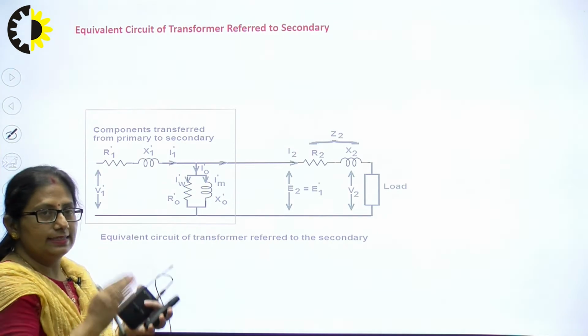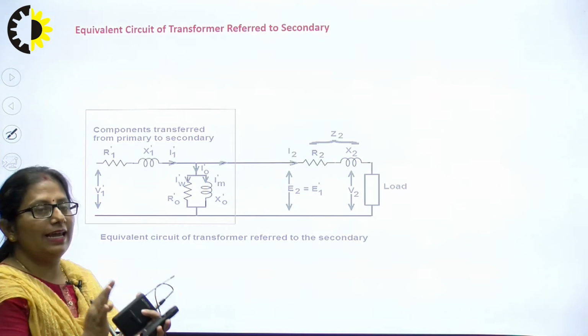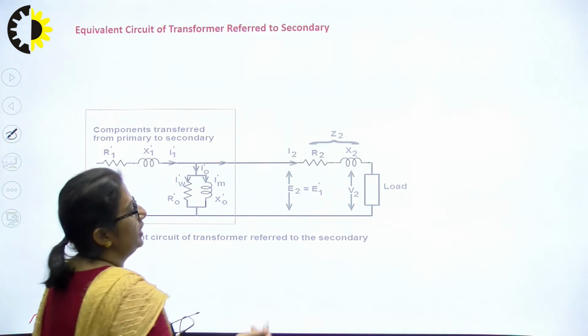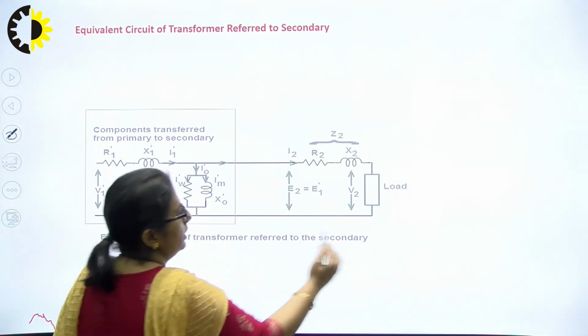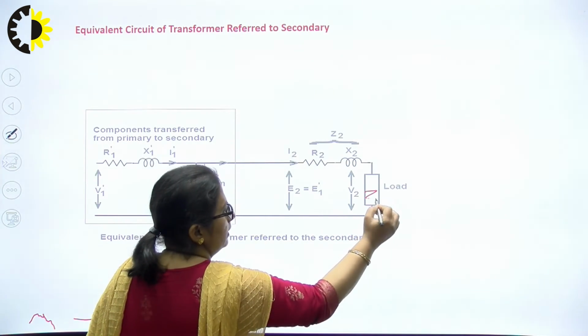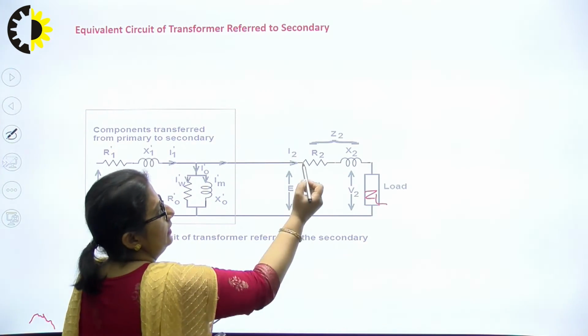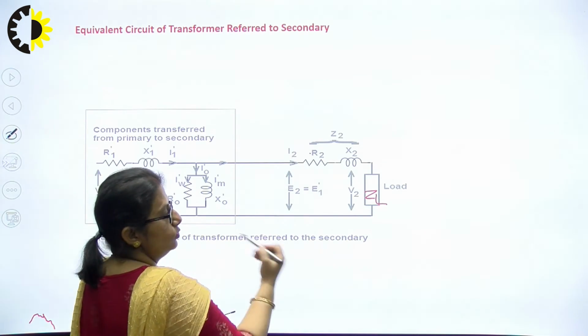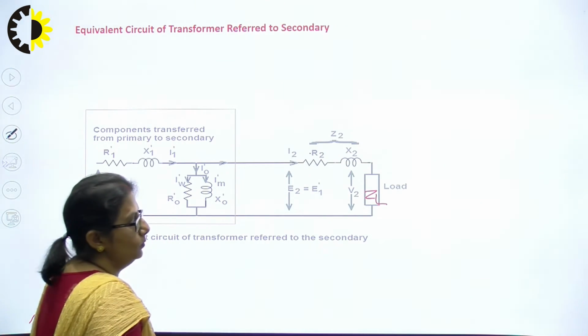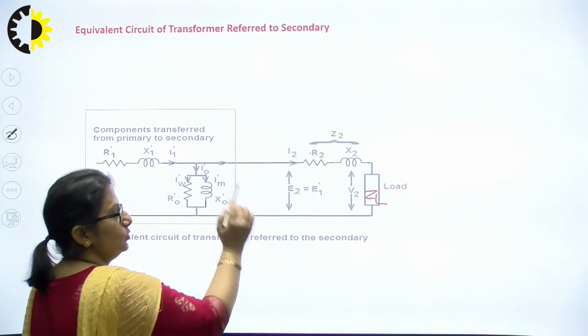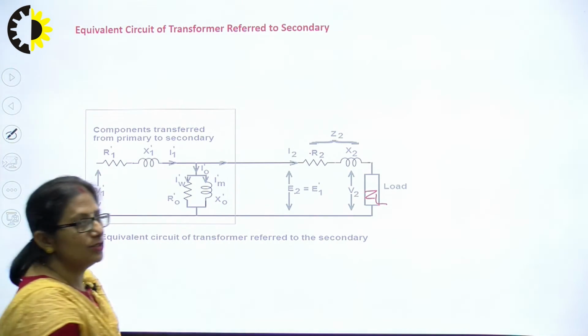That means the secondary parameters remain as they are, with no change: the load ZL, terminal voltage V2, secondary resistance R2, secondary reactance X2, secondary induced EMF E2, and secondary current I2. Up to here, everything is unchanged.